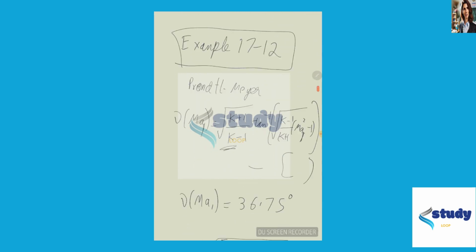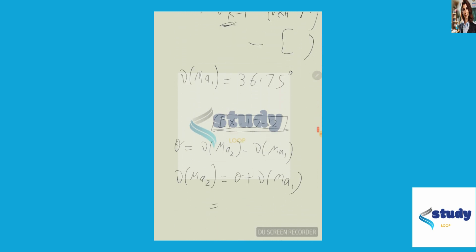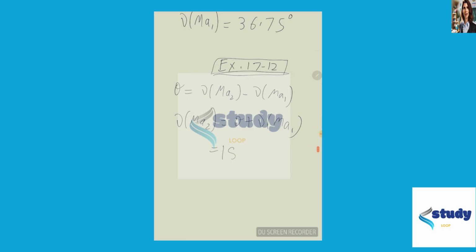We know these values to be 15 and 36.75, so this is equal to 51.75.